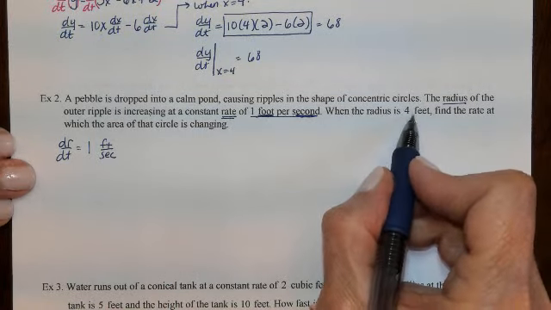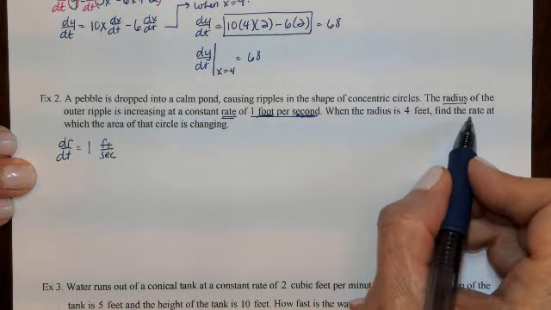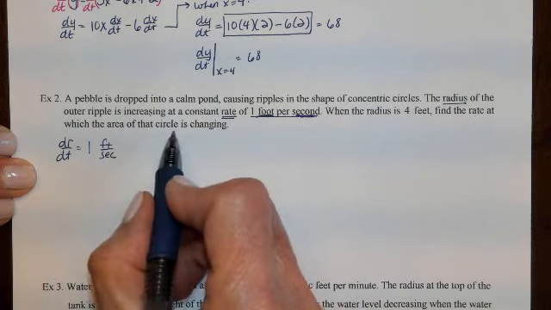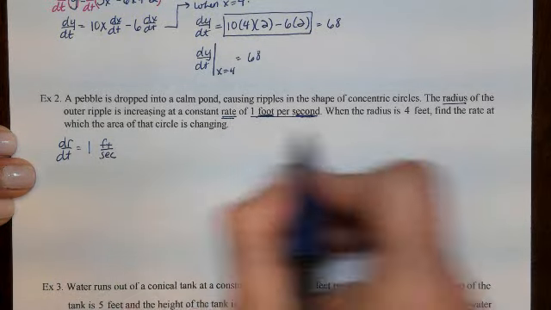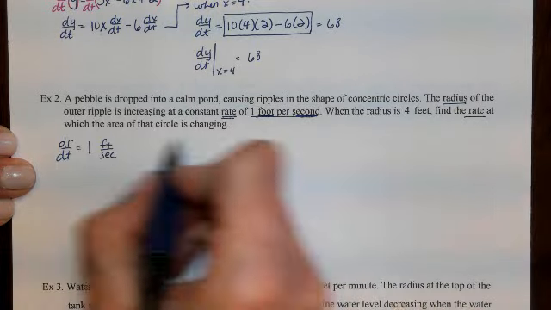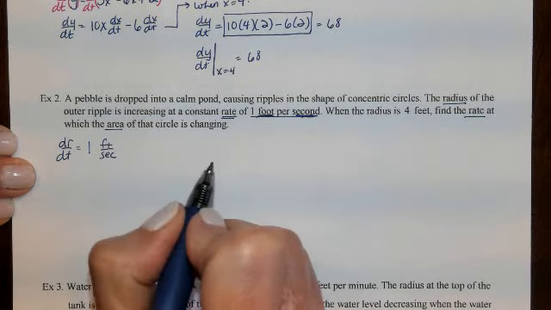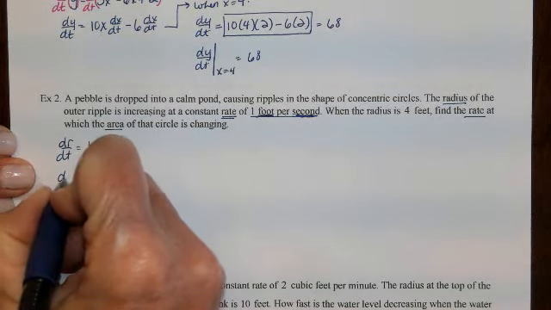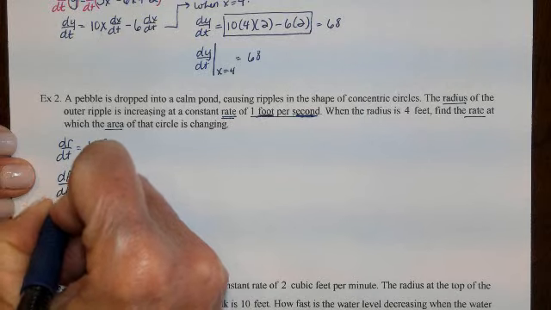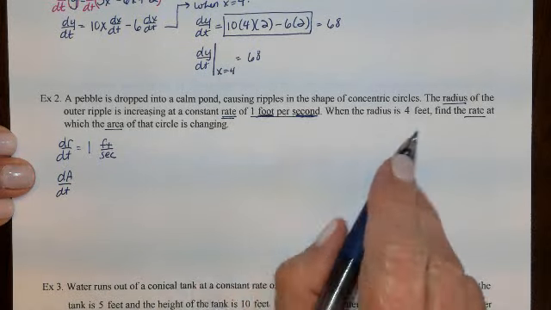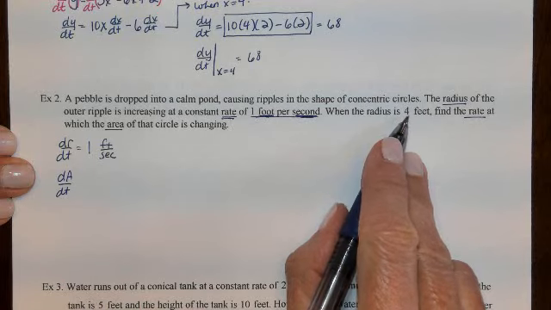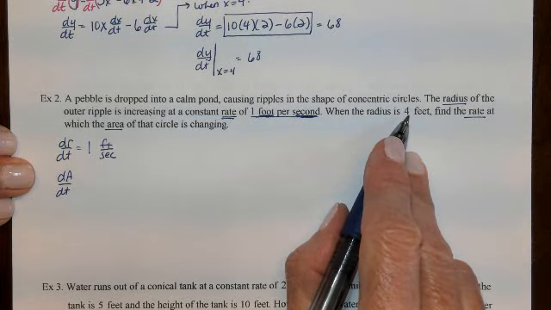When the radius is 4 feet, find the rate at which the area of that circle is changing. So we want the rate at which the area is changing. So we're looking for dA/dt, where A is area, and specifically we're looking for dA/dt when the radius is 4 feet.